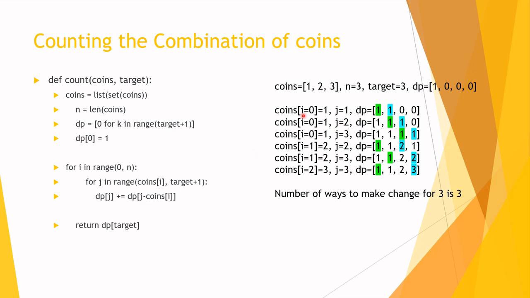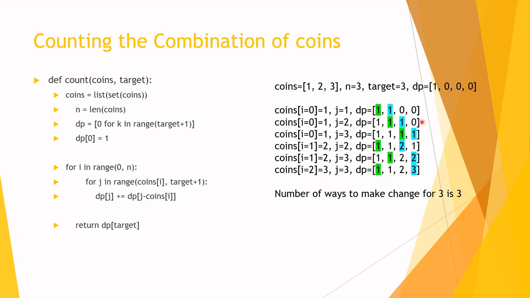So this is how the loop would look for i equals 0. j will obviously run from 1 because coins of i equals 1. For j equals 1, we have dp of 1 plus dp of 0, 1. Again 1 plus 0, 1. Cyan would be j, and green is j minus coins of i.